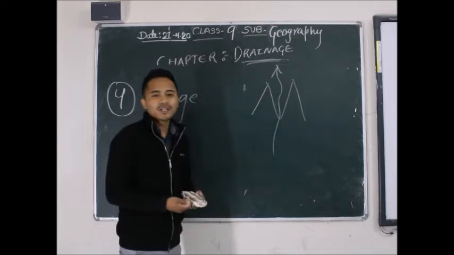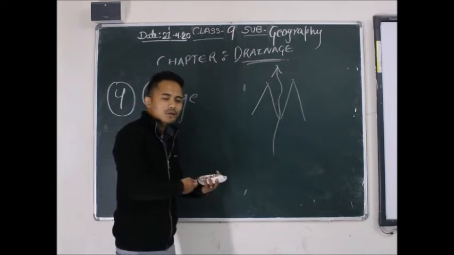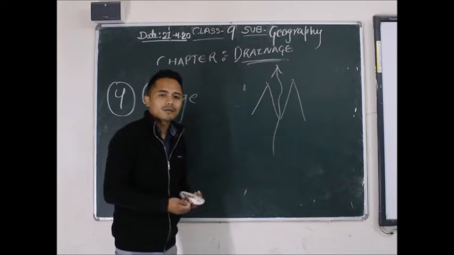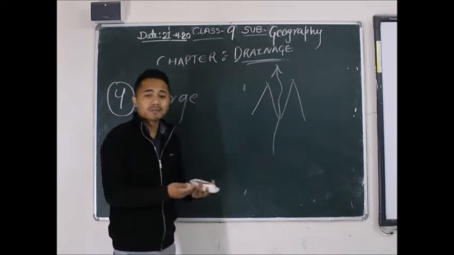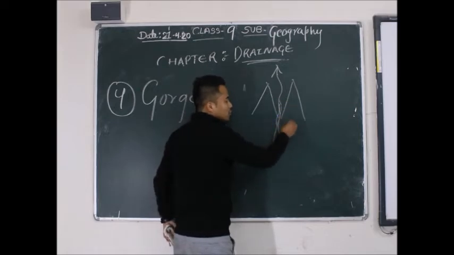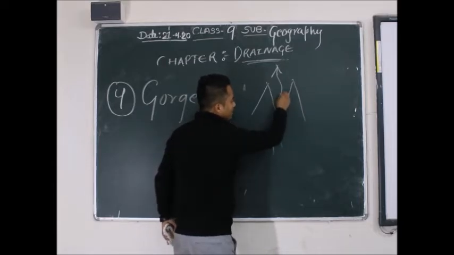When the speed of the river is very high, it erodes the rocks, the soil and the minerals easily because of the speed. When it erodes the rocks present in the mountains or hills, it creates a kind of valley.